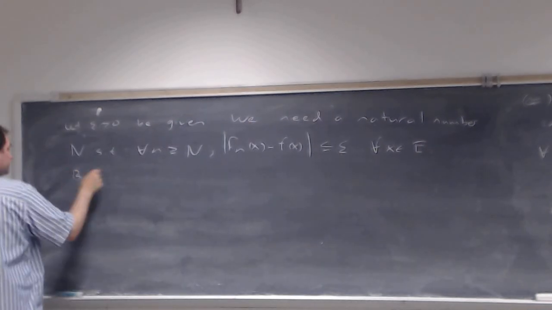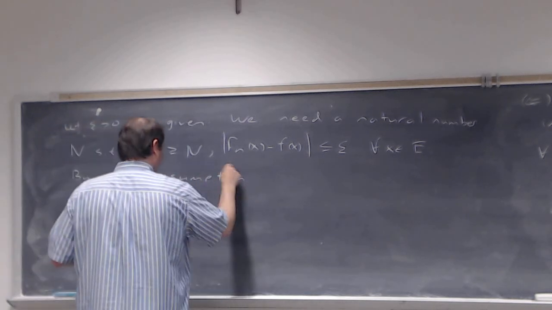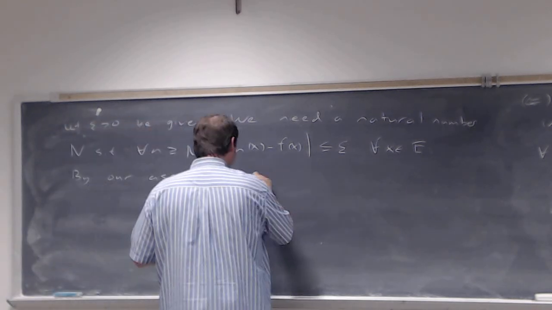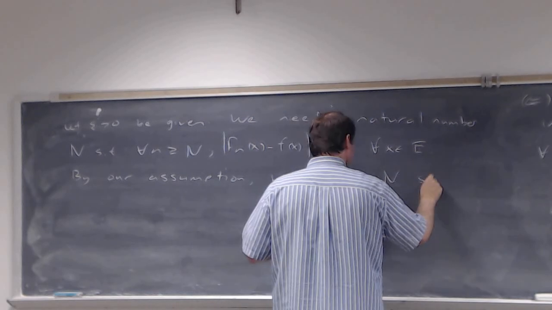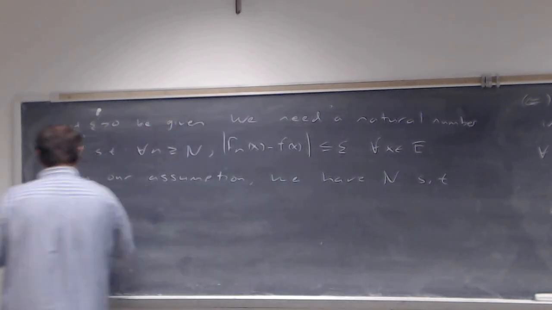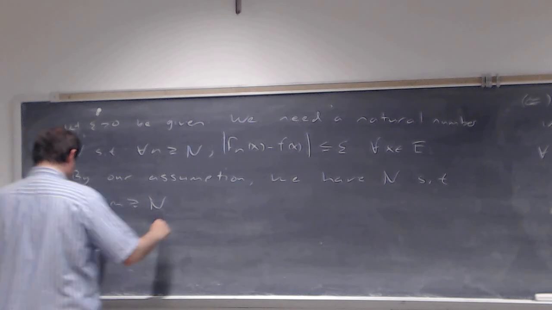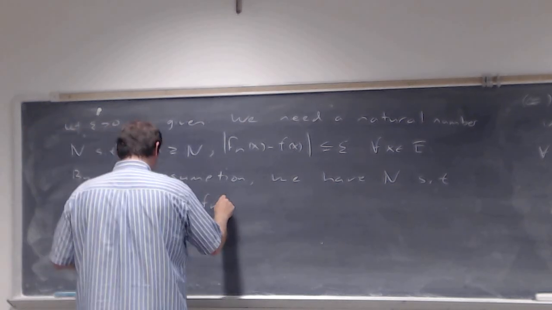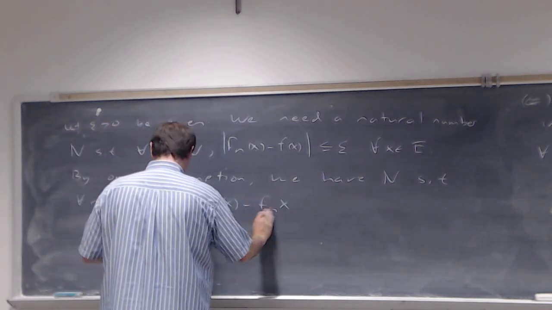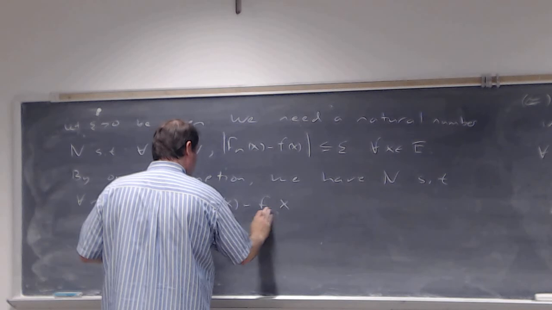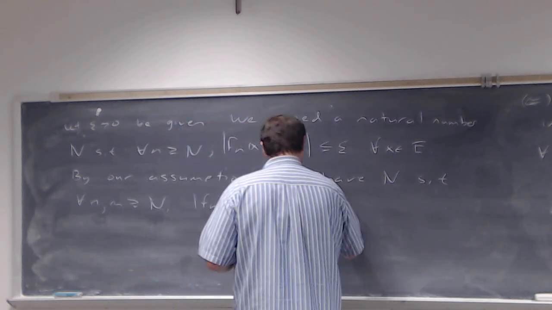By our assumption for this direction, we have a natural number N such that for all n and m bigger than or equal to N, the norm of f sub n of x minus f sub m of x is going to be less than or equal to epsilon.